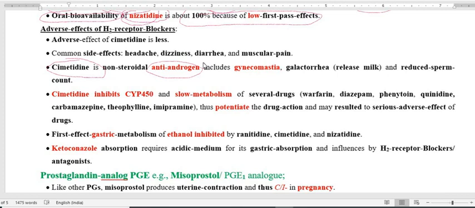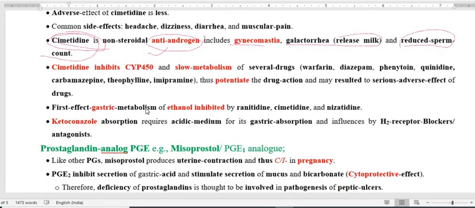So if a male takes cimetidine for a long time, because of its anti-androgen activity, it will produce gynecomastia in the male. It also produces galactorrhea, which is milk production, and reduces the sperm count in males. So these are the side effects associated particularly with cimetidine, the H2 receptor blocker.